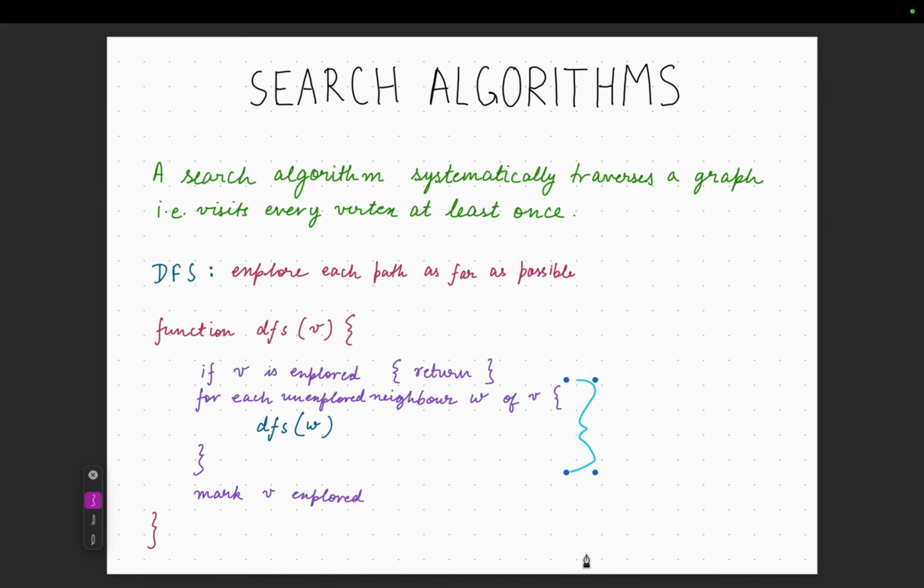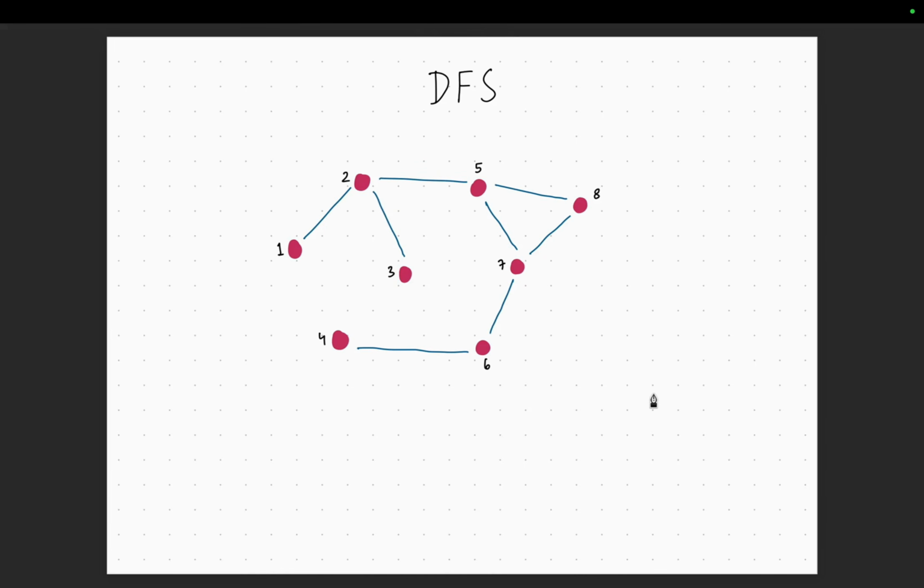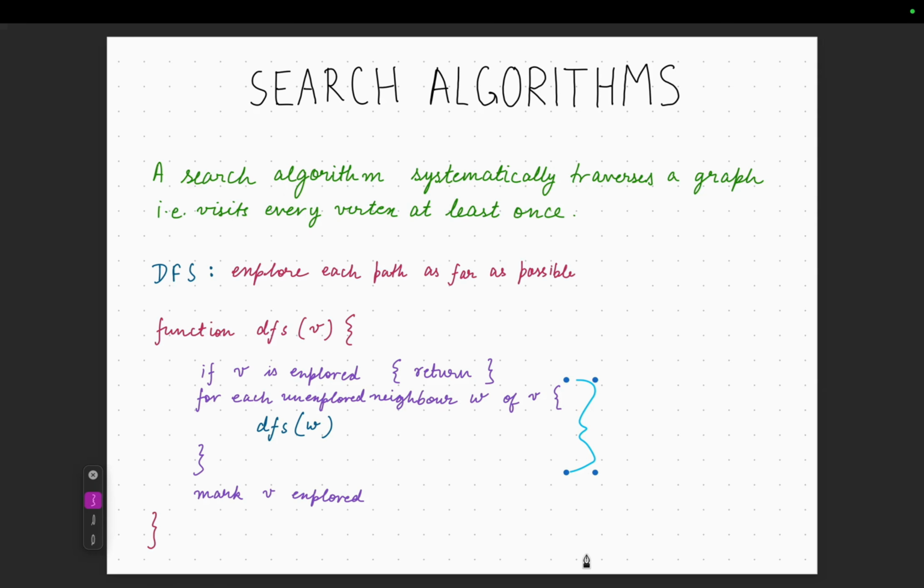As I said, it would lead to TLE. So for each unexplored neighbor of V, you call DFS on that neighbor, and yeah, this is how the recursive function works.